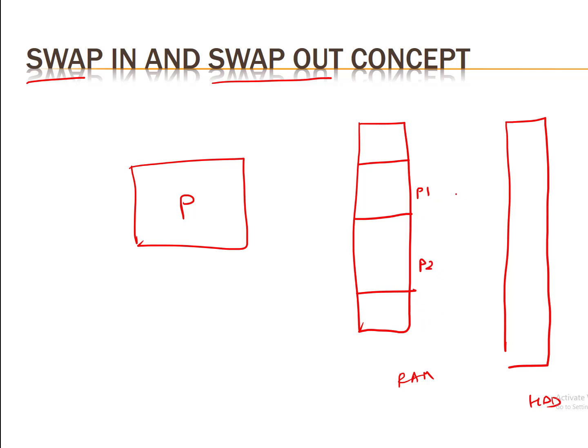This is one option. The second option is that the whole RAM is allocated to one process only. But for the sake of simplicity, we consider multiple processes, where the size of P1 is greater than 1 MB. Let's say this is P1.exe, and it is 4 MB in size.